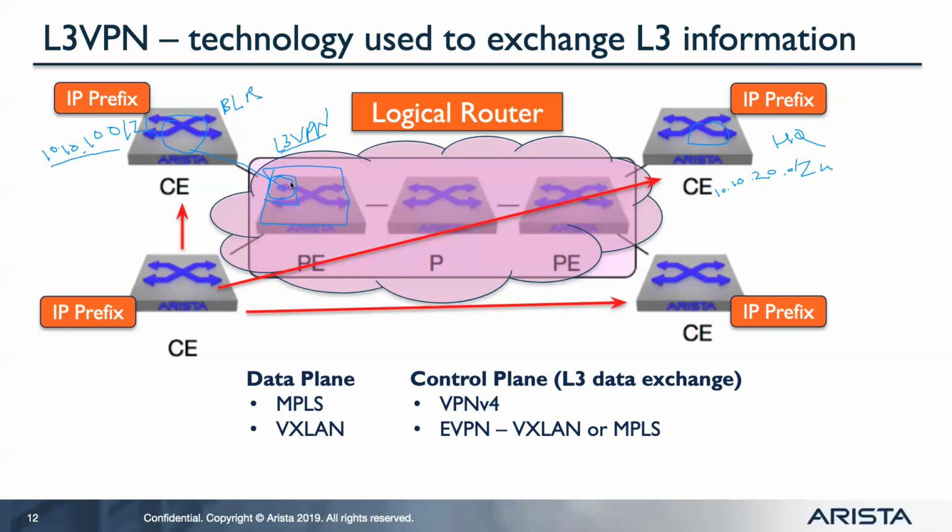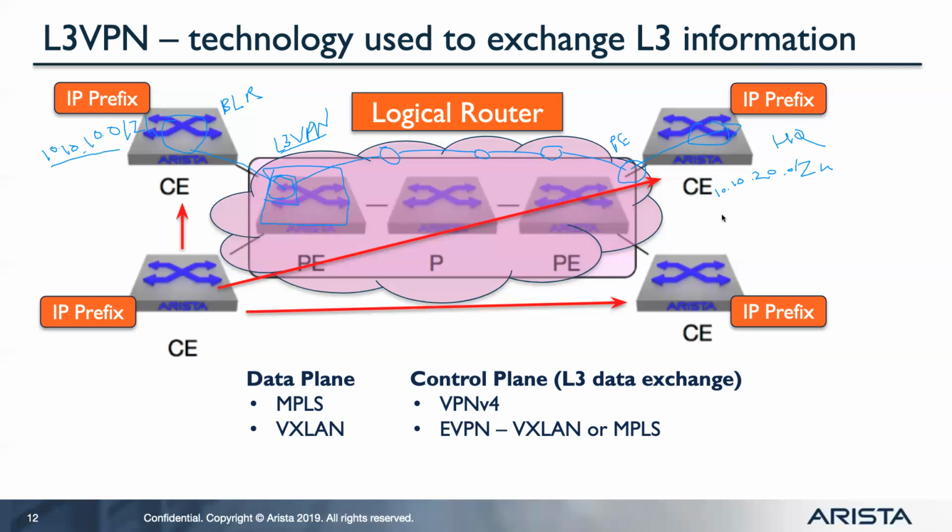We'll discuss this. And then they will advertise this route to P devices across their backbone or through another ISP. Finally, this particular route will reach these PE devices, right? And then it will be advertised here to this guy.